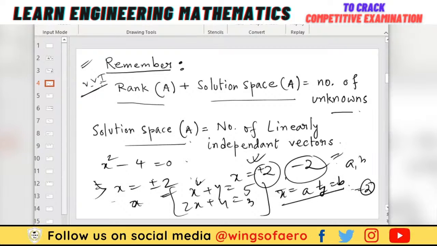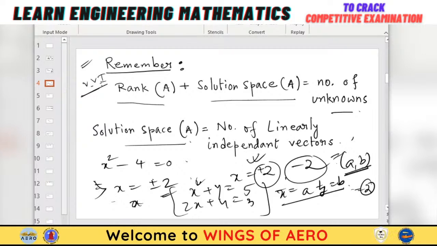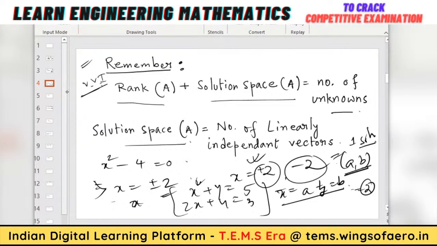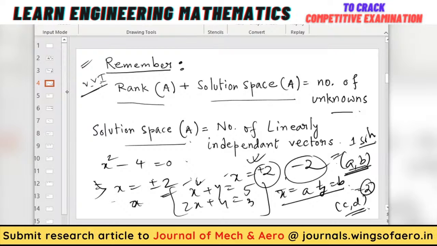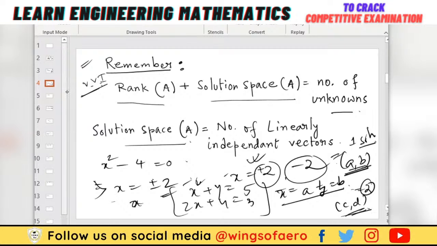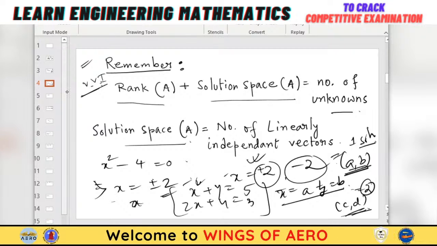This a, b together represents one solution. We can find another set of solution also, suppose c, d. But remember, if two variables are there, then the values of x and y together represent one solution. Similarly, x and y may have another solution like c, d also. So this is called solution space. Solution space means the number of solutions the equation has.